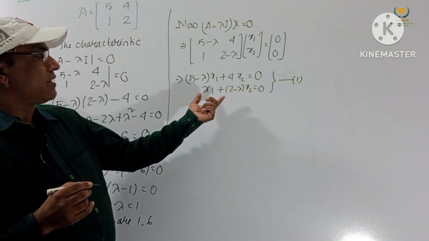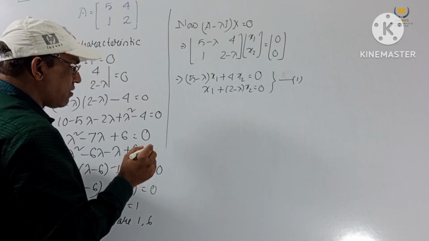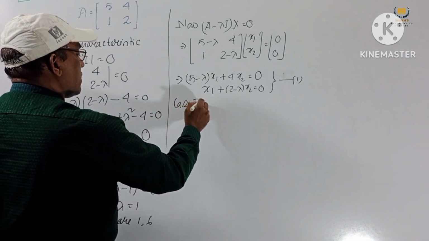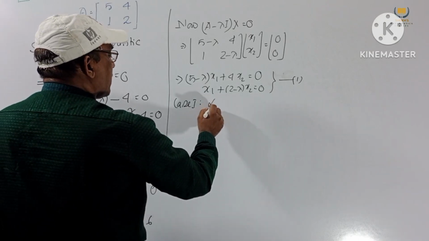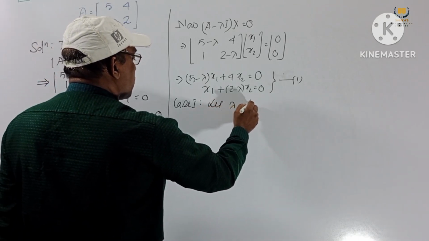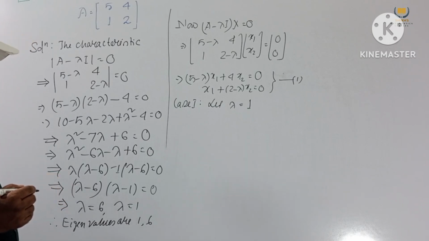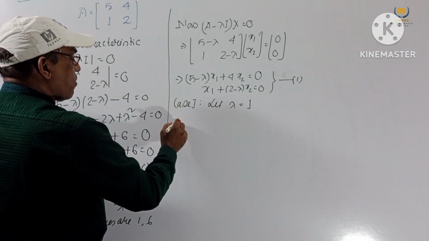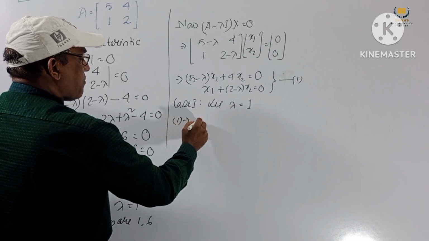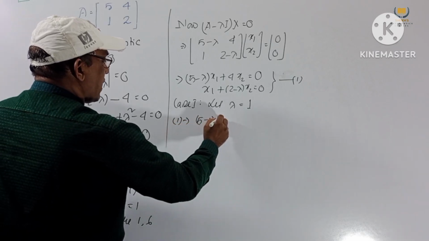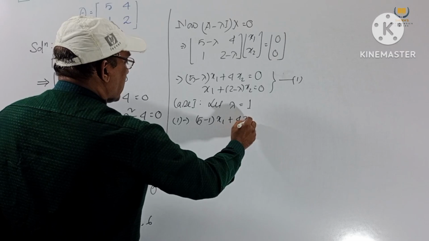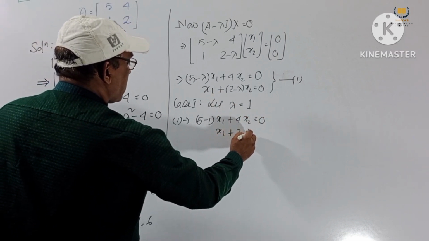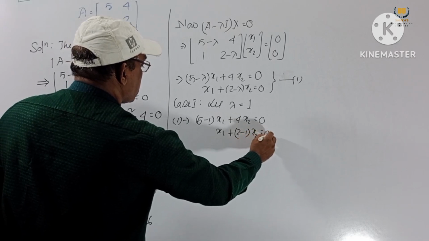Now putting the value of lambda, case 1, let lambda equal to 1. Putting lambda equal to 1 in equation 1, we get 5 minus 1 times x1 plus 4 x2 equal to 0, x1 plus 2 minus 1 times x2 equal to 0.